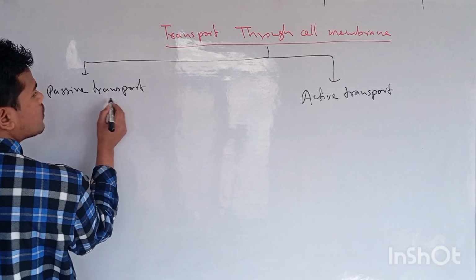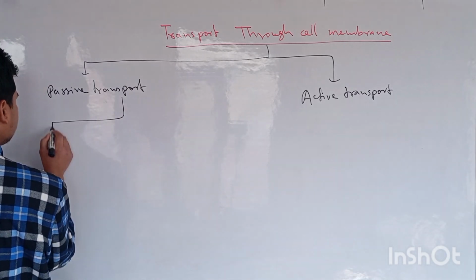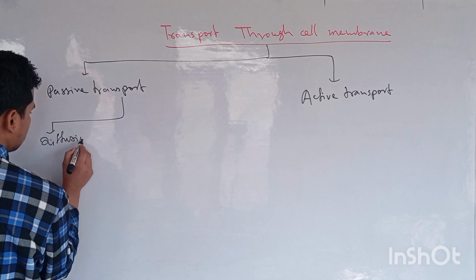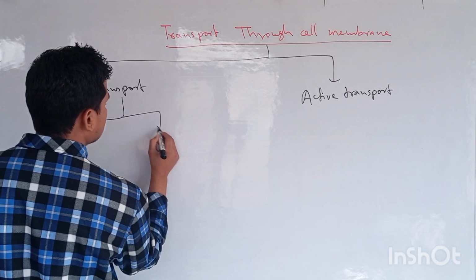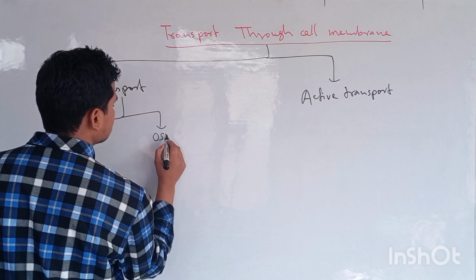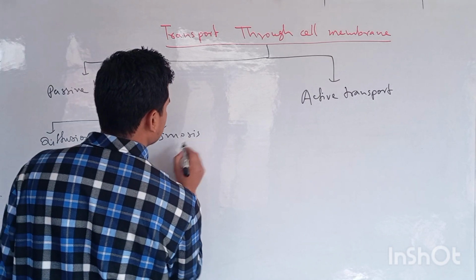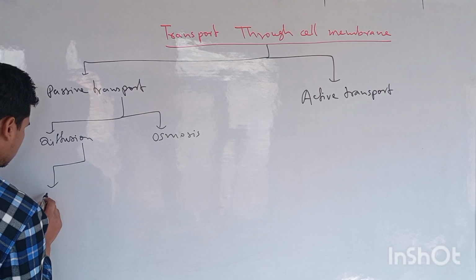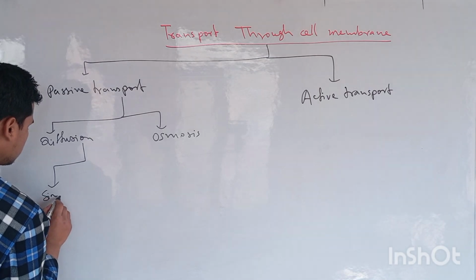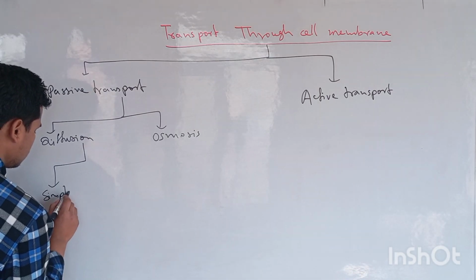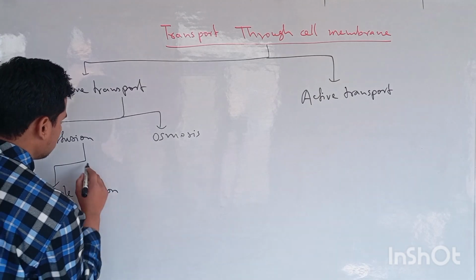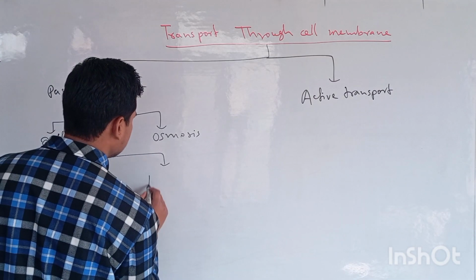Passive transport is again divided into diffusion and osmosis. Diffusion is further divided into simple diffusion and facilitated diffusion.